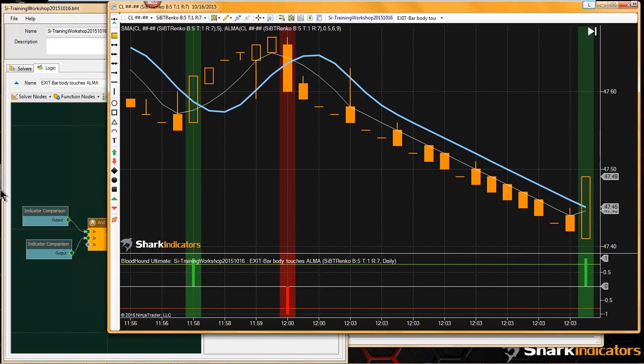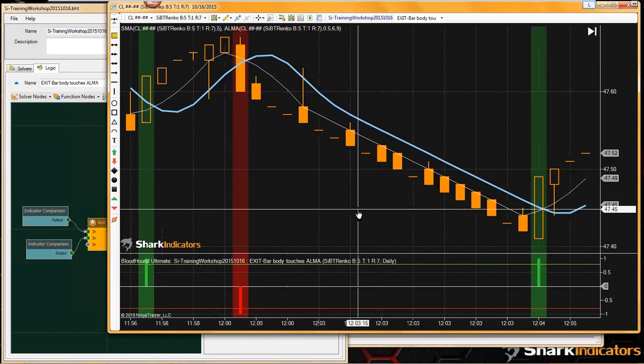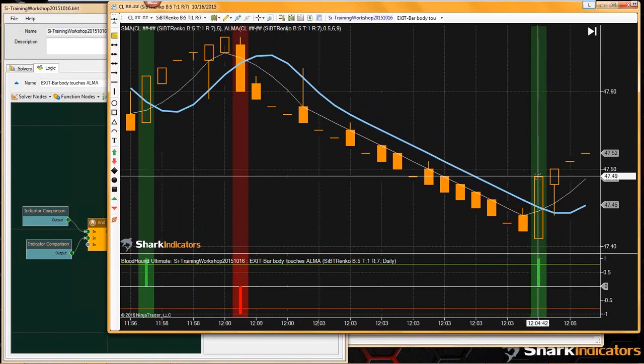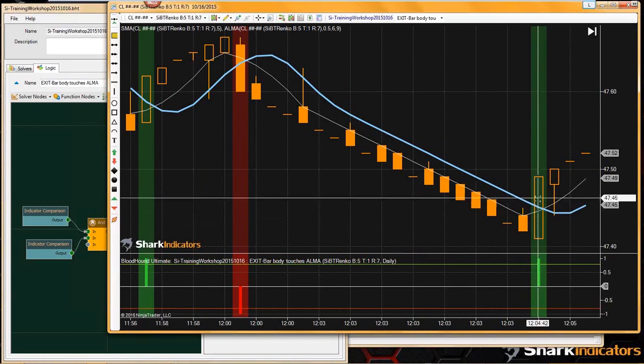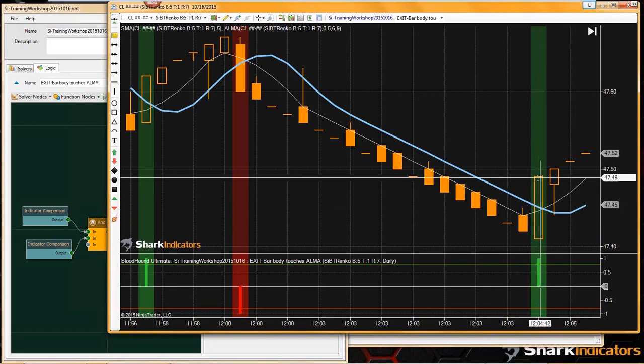So let's see. Mark is asking, is the result the same? The result of what, Mark? If I understand your question right, the result is that this exit logic will exit whenever the bar reverses.